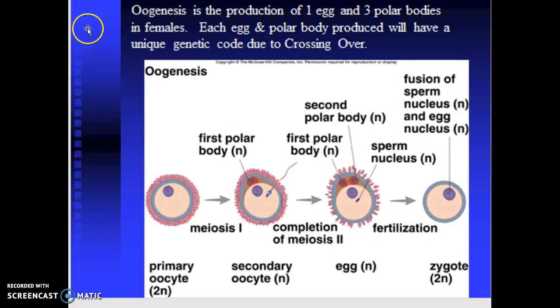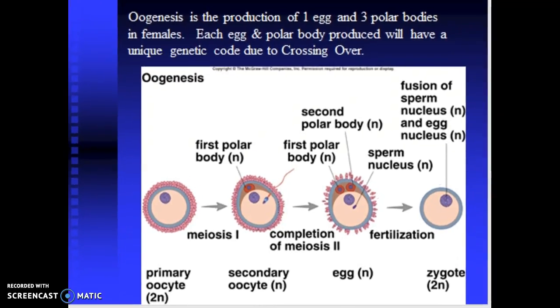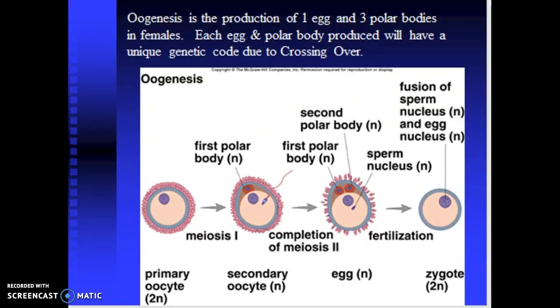Oogenesis is the process of forming an egg in moms. Same process, same idea. We start out with an oocyte, which is diploid. That oocyte divides in half. But the big difference here is the division is not equal when we talk about the amount of cytoplasm, Golgi bodies, mitochondria and cellular components.